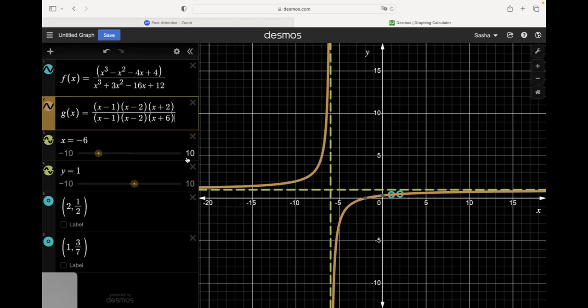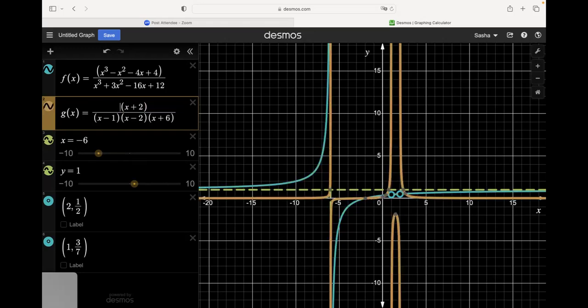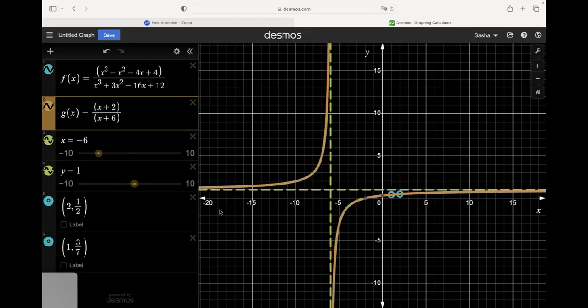And it is the same function. Now, if we cancel those common factors, well, we see that the graph is the same, right? If we cancel the common factors, what we get is a function that is continuous, that has the same behavior as f of x everywhere except for x equals 1 and x equals 2.